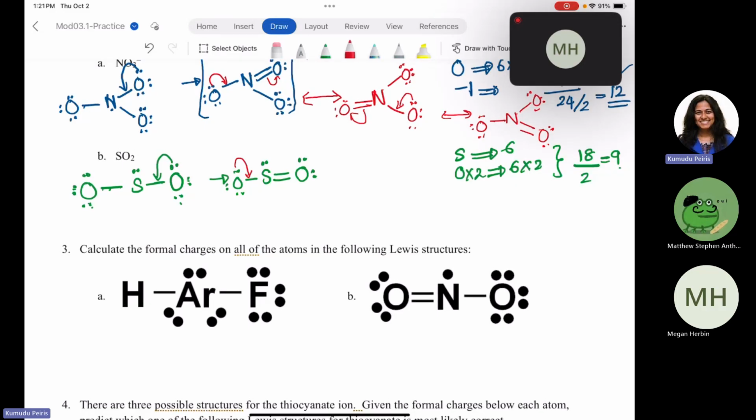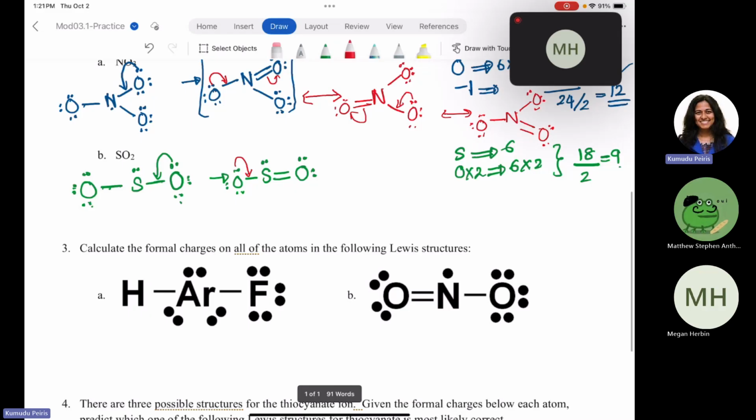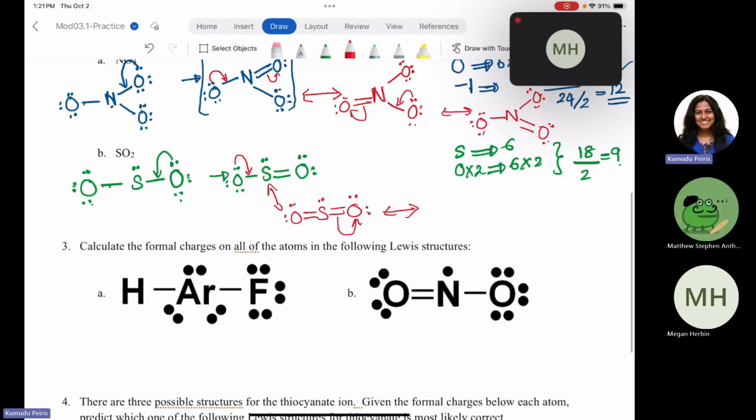Okay, so I draw this one, so then I get the sulfur, and here is a double bond and double bond, and here is the other one, right? Okay, next, another resonance structure. So I can donate this one here, okay?